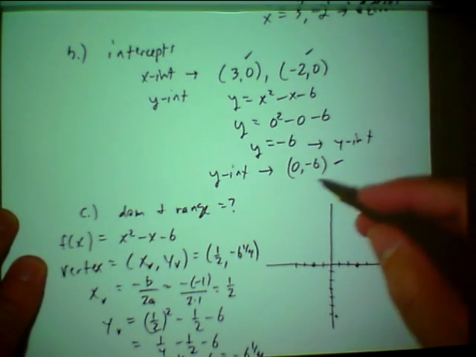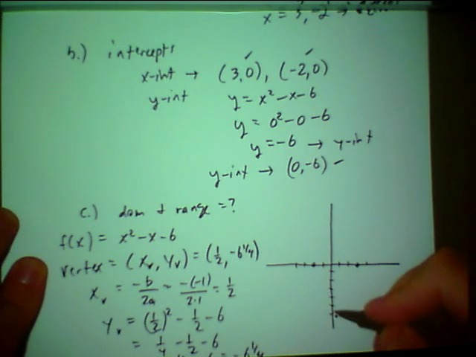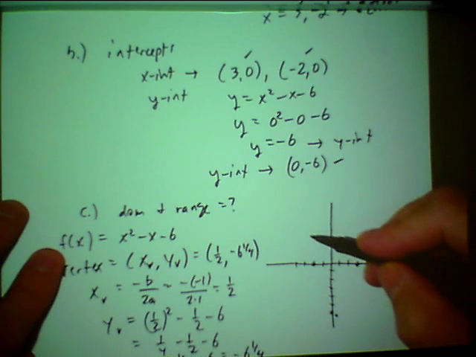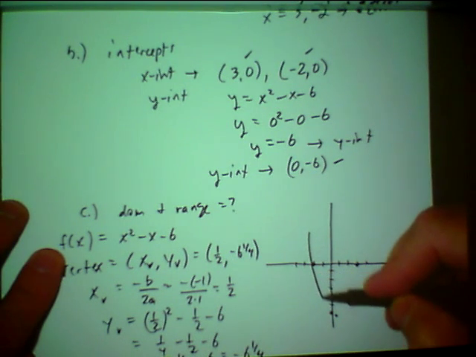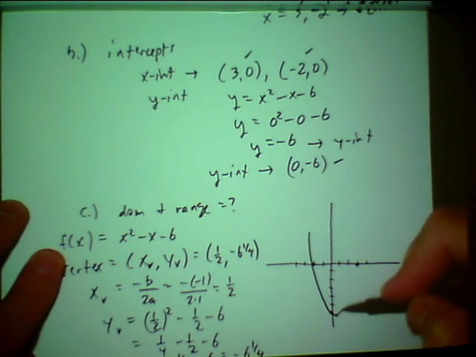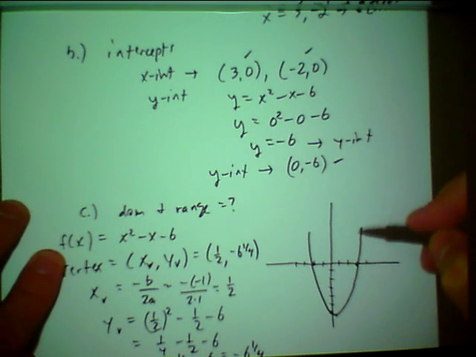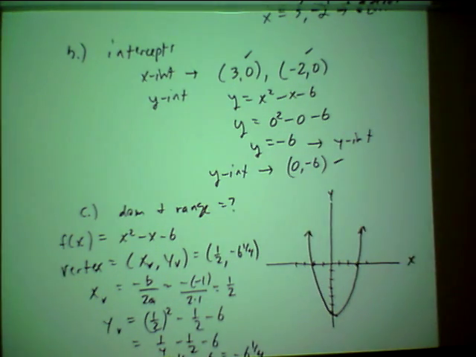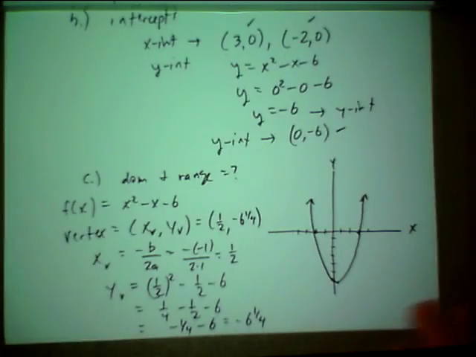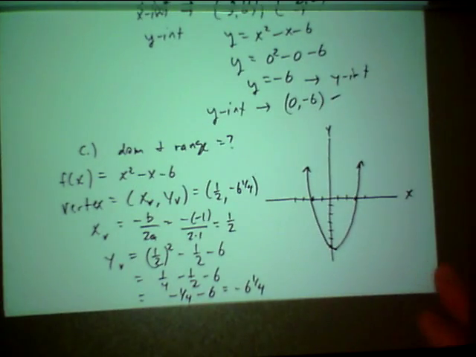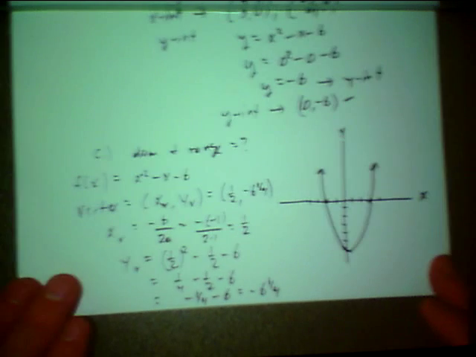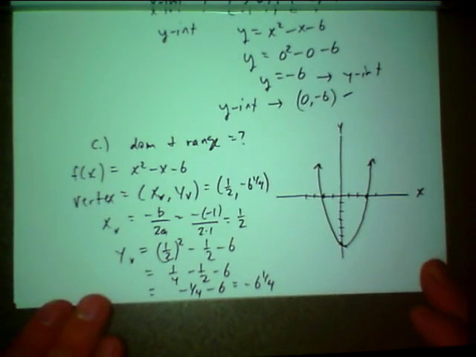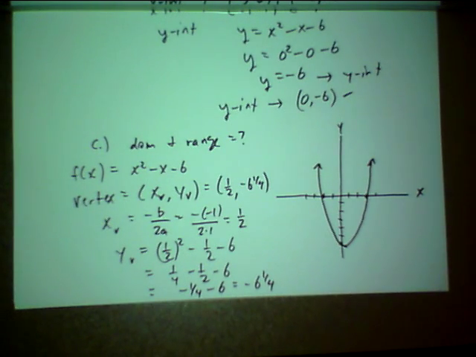And then the y-intercept was (0, negative 6). So it looks like to me, if I try and sketch this in, it may look a little bit like this. Probably won't be perfect, but so here's what we've done.